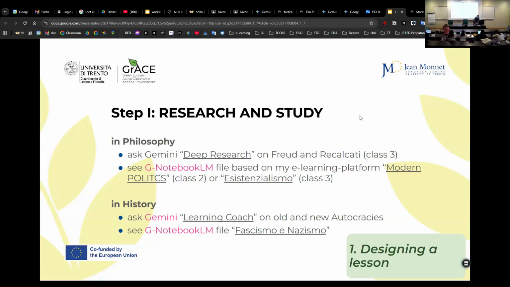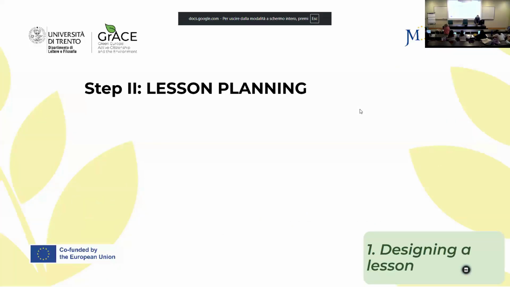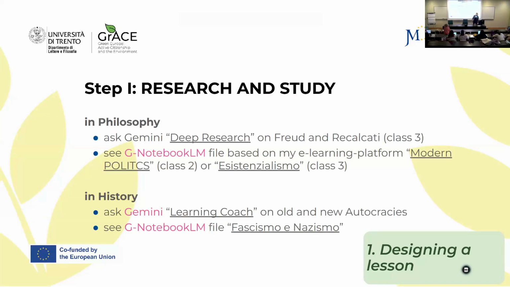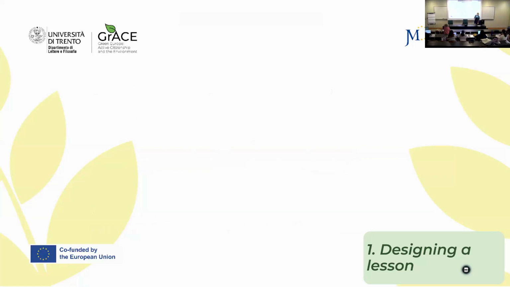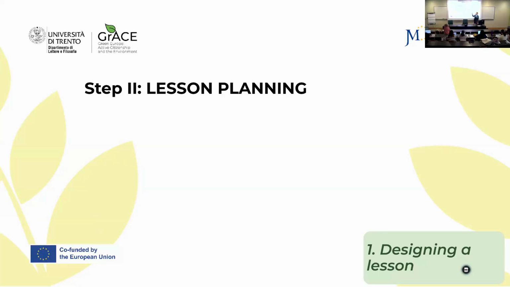So go back to the process, and then again in history, and another storage for the contents. Okay, so first step done. Second step, I have to transform the contents we already elaborated, which are elaborated contents, not handbook already made contents, in a teaching material, in a plan for my lesson.